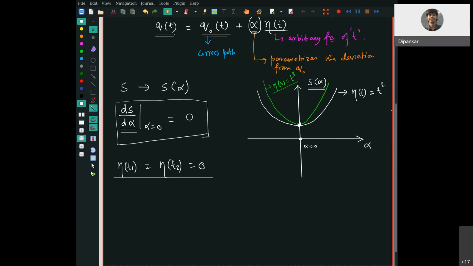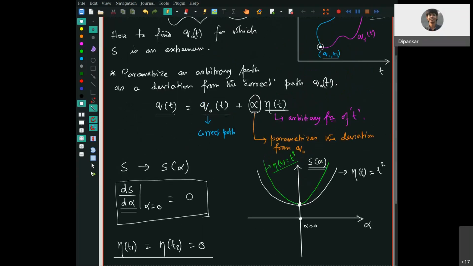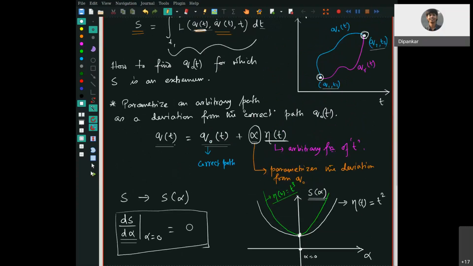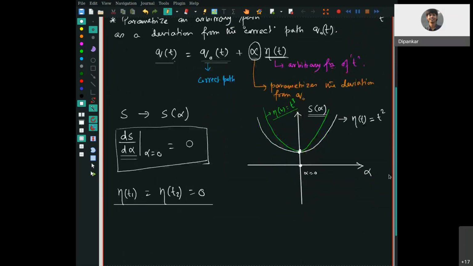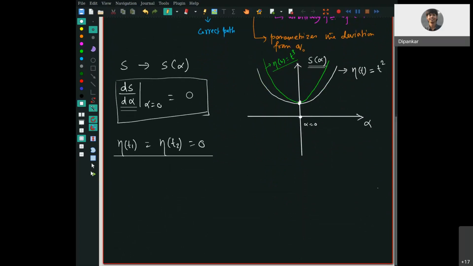Because my endpoints are fixed, my system must pass through the endpoints, and since q0(t1) equals q1 and q0(t2) equals q2, my eta(t1) and eta(t2) must vanish at these boundary points. So eta(t) is an arbitrary smooth function, but it must vanish at the boundaries, because my system must pass through those 2 points.